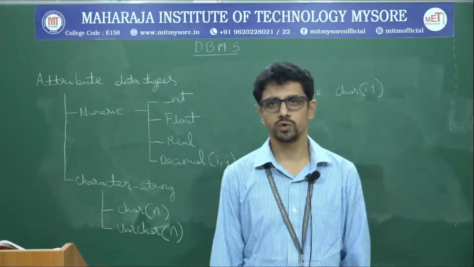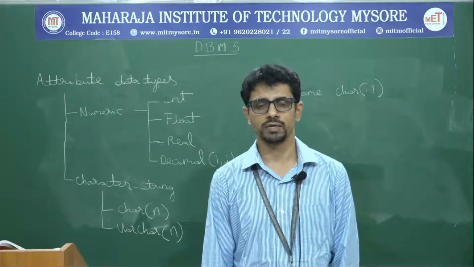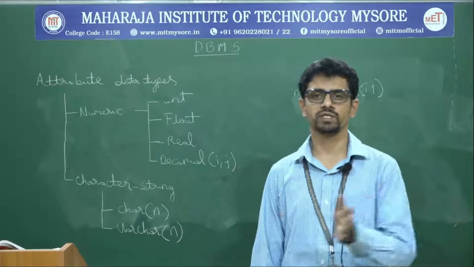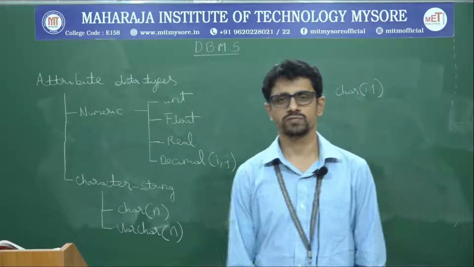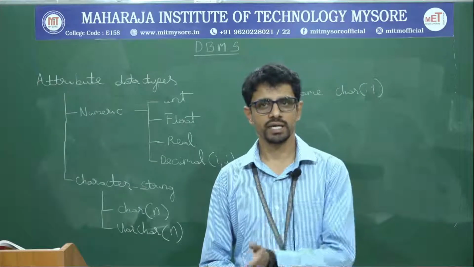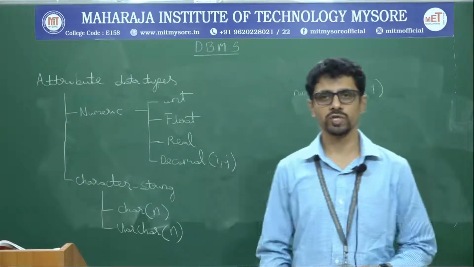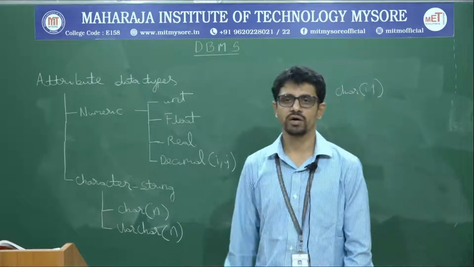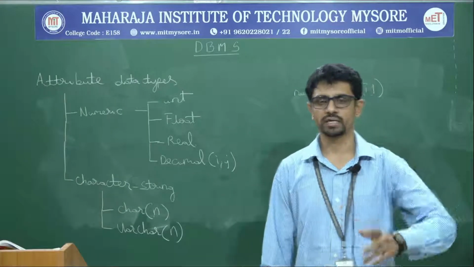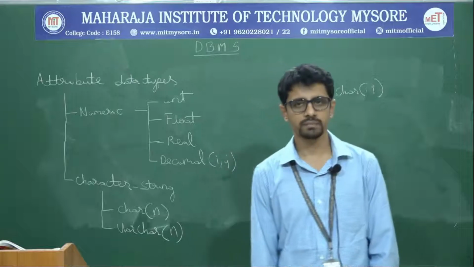Say for example your USN in the VTU standard, where we have something like 4 MH IS followed by so and so stuff. So there are numbers as well as characters. So in this scenario you need to go with the data type called varchar, where you have a combination of characters as well as numbers.